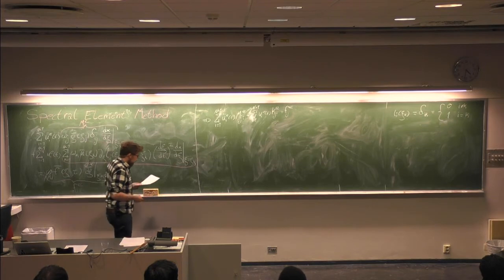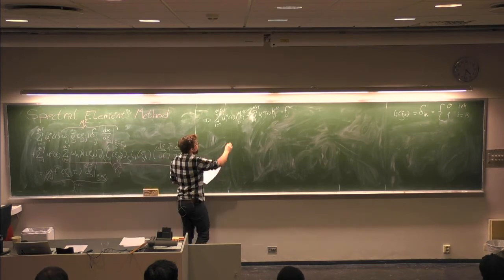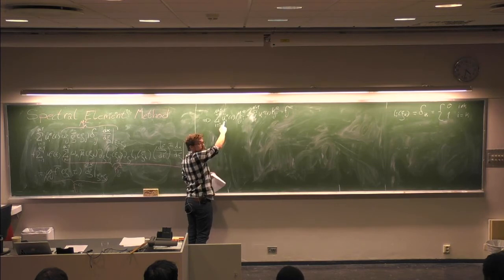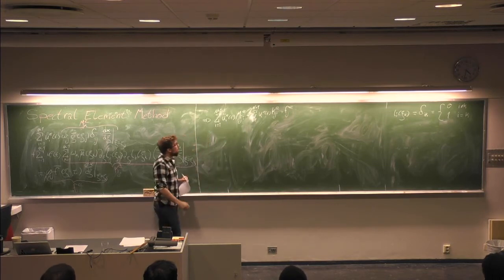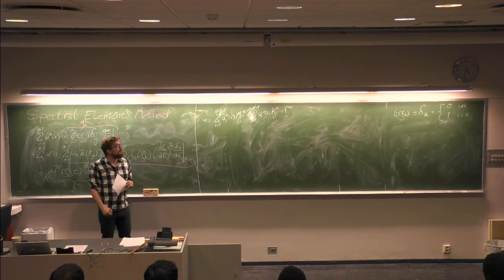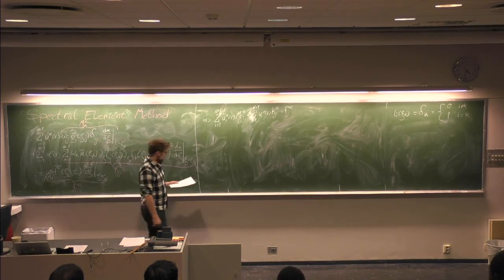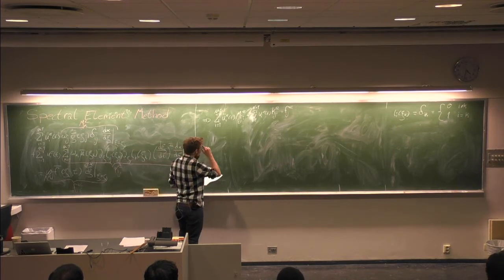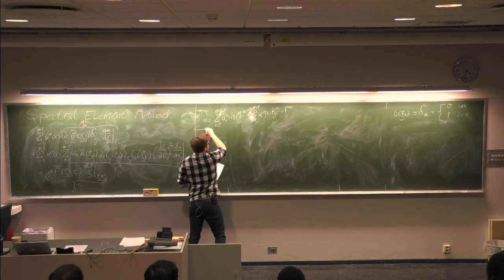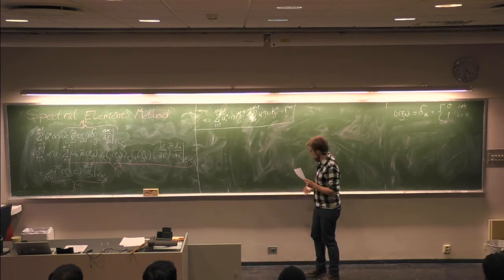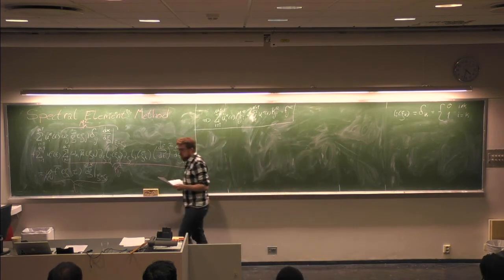So that means that it's very easy to find an explicit formulation for this U I E double dot, since M J I E is diagonal. But we still have to stitch all of these together. So we need a global solution.